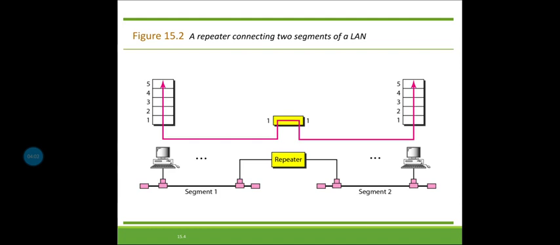So a repeater is placed in the LAN connection where it can strengthen the signal, and it transmits the original data to the next device, or to the next segment.